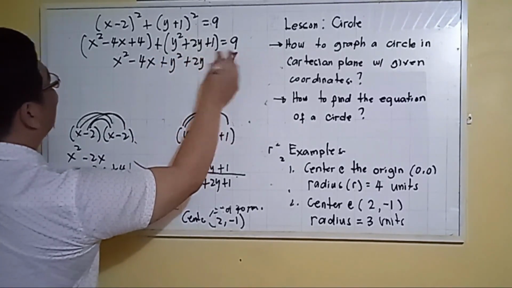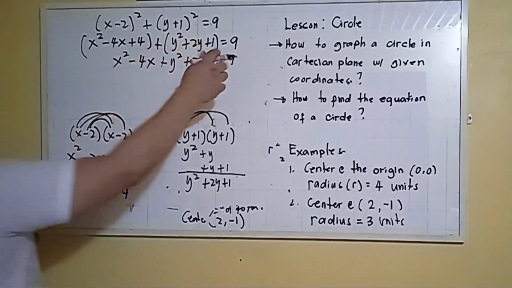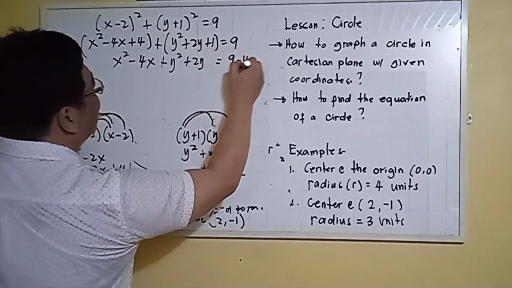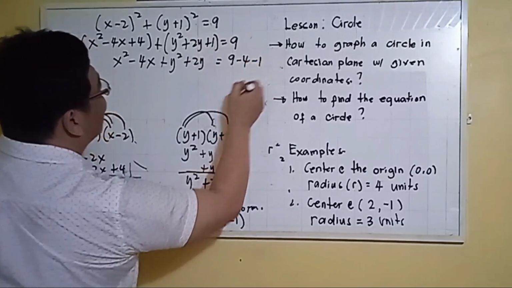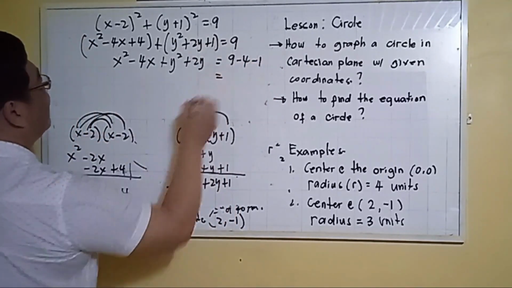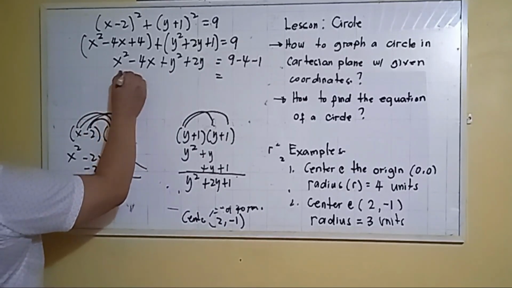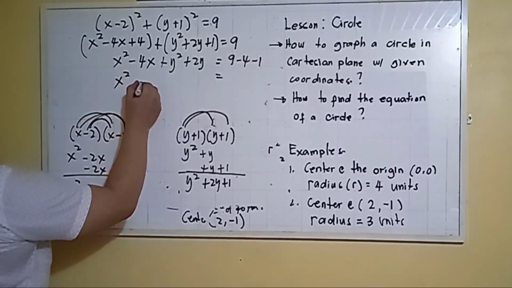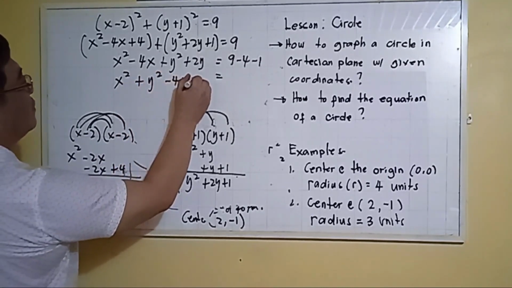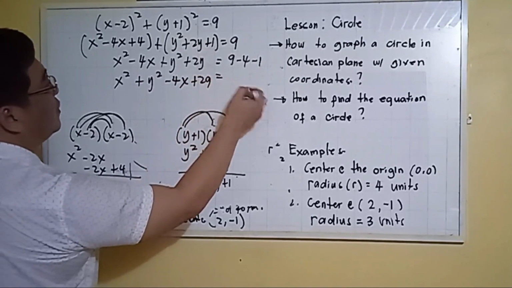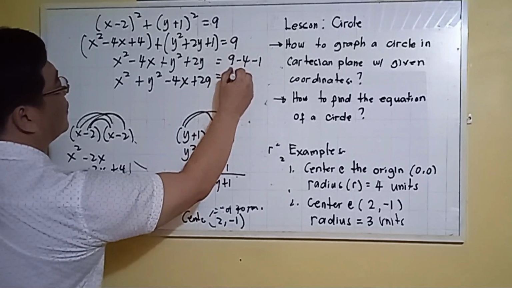And then yung 9, magkakaroon na kasama because we're going to transpose positive 4 to the other side of the equation, and it will become negative 4, as well as itong positive 1 magiging negative 1 sa kabilang side ng equation. And then simplify, pag sunurin na lang yung x² sa y², i-arrange. 9 − 4 − 1 equals 4.